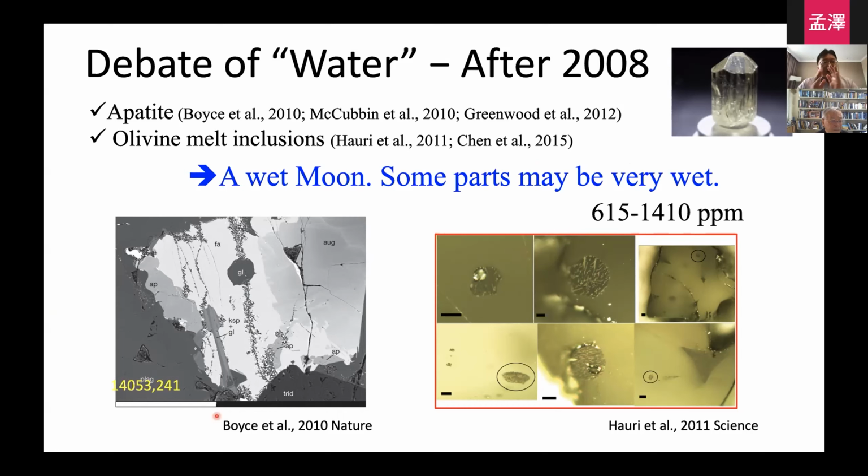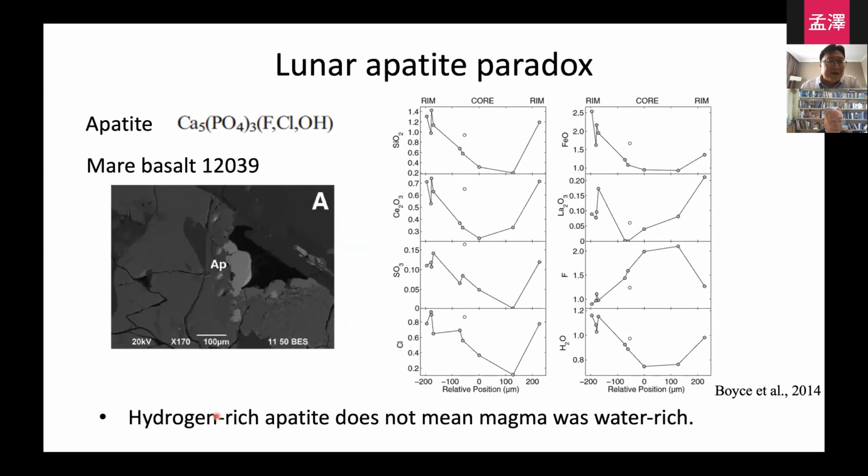I should mention here that most of our analyses of water were actually carried out on apatite. As I showed earlier, apatite is normally a hydrous mineral. As we show here, the apatite formula contains hydrogen, hydroxyl.